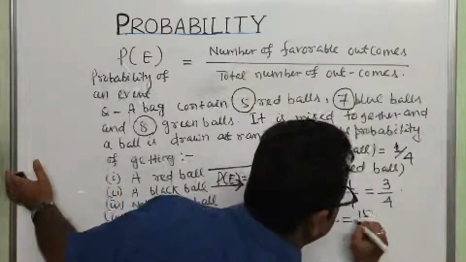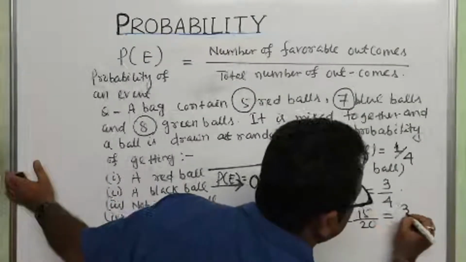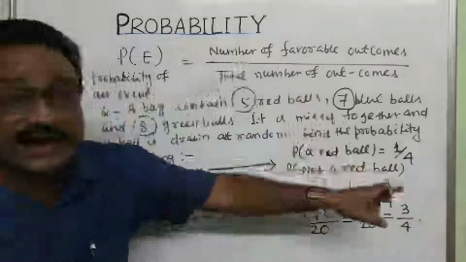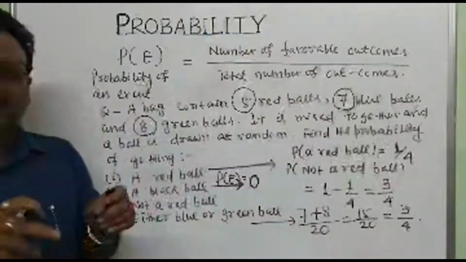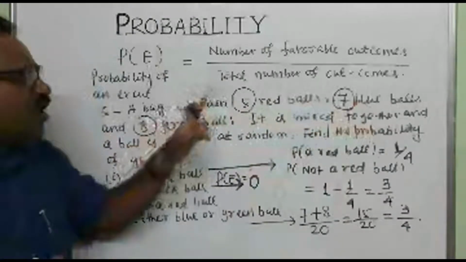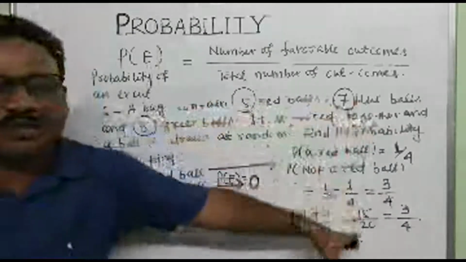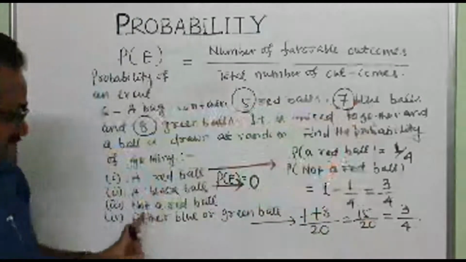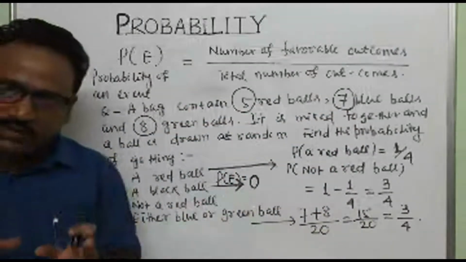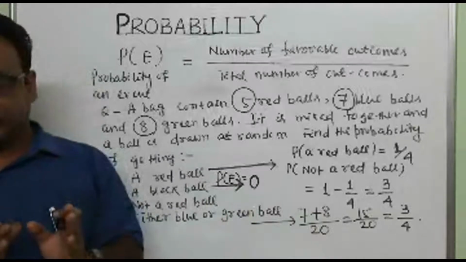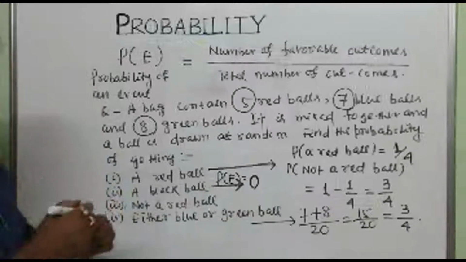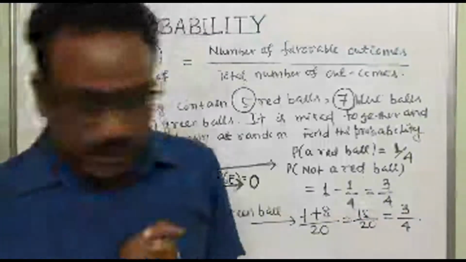So 15 by 20 is equal to 3 by 4. So we can conclude that not a red ball means either blue or green. Both probabilities are the same. But we will solve according to the question given. Okay. Now move on to the next one.